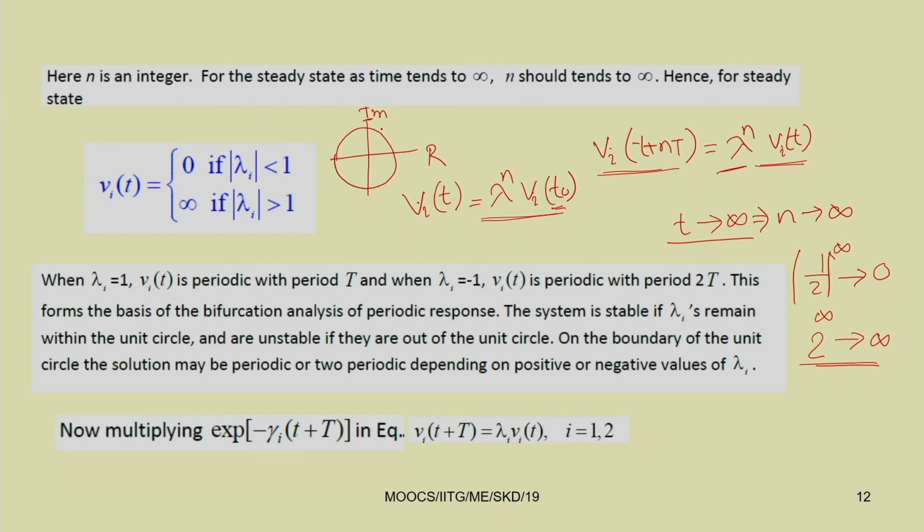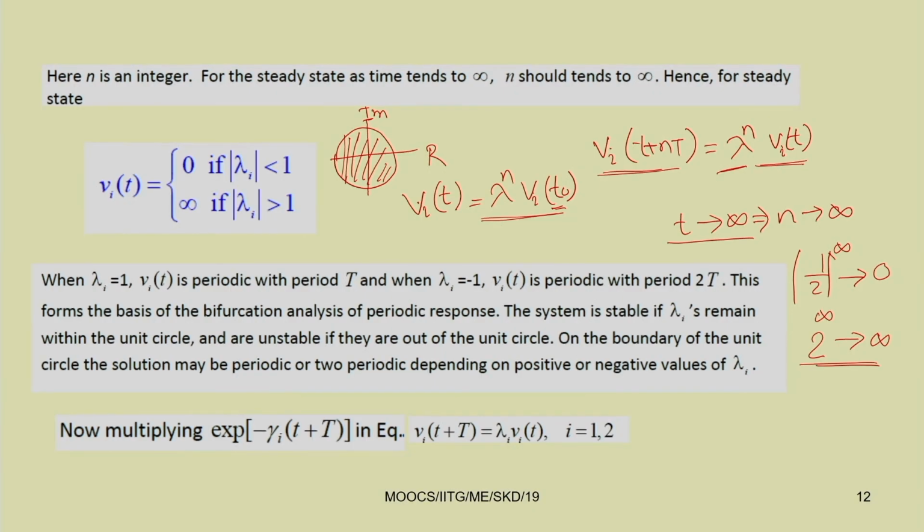We can draw this unit circle, and if the roots, or the λ, are inside this unit circle, then the system is stable. If it is outside the unit circle, then the system is unstable. So, from here we have understood that this λ must be less than 1, or it must lie within this unit circle, so that the system will be stable.